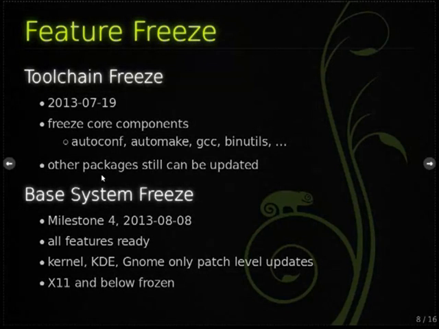When we freeze this stuff, that happened yesterday or something, if I count the date correctly, we still have some time to push your changes. So if you haven't done so yet, you still can.